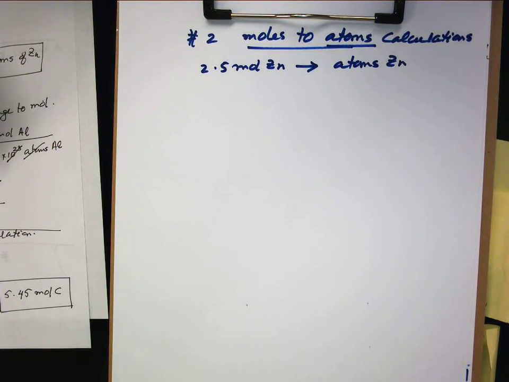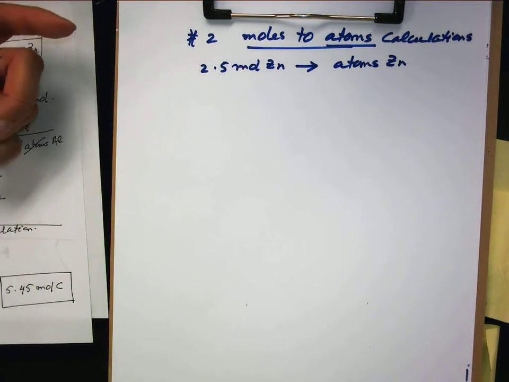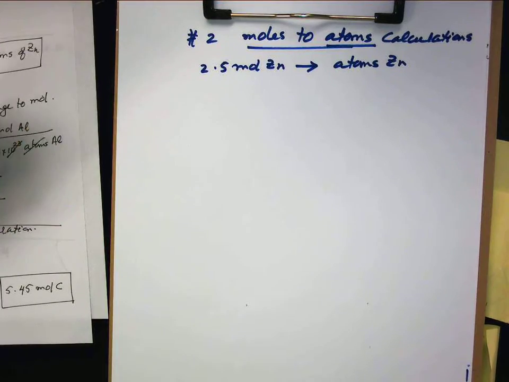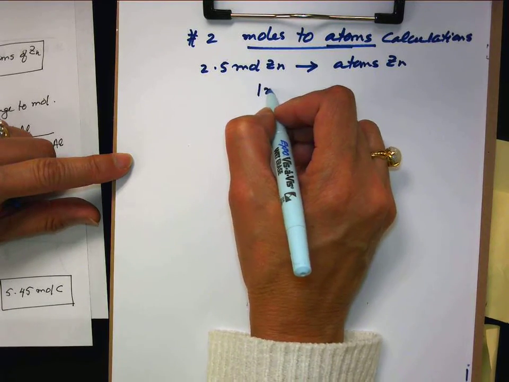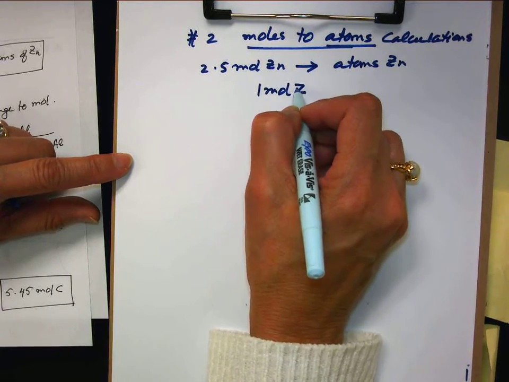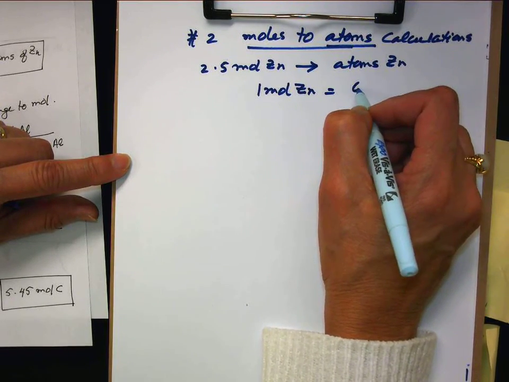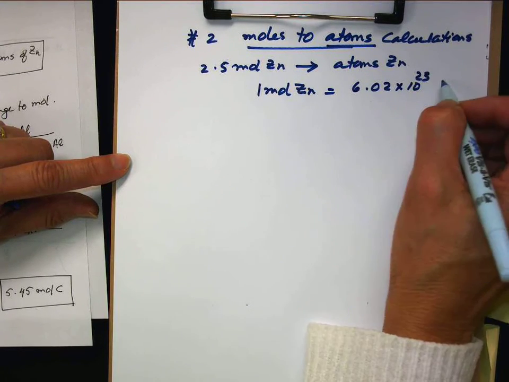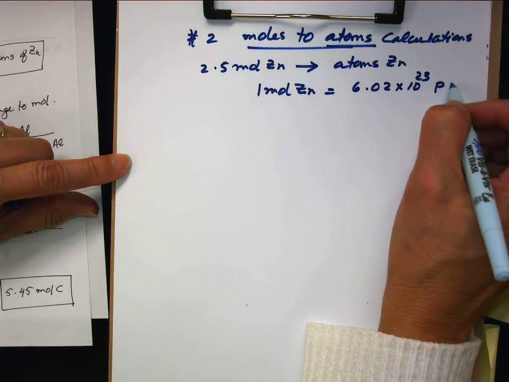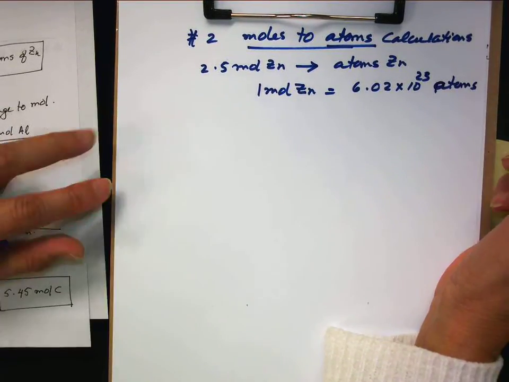So 1 mole of zinc is how many particles? 6.02 times 10 to the 23 particles. All right, or atoms. This is 1 element, so it would be atoms.